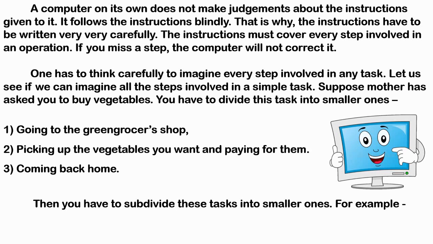It only works on the program which is given to it, the instructions which are given to it. That is why the instructions have to be written very carefully. So you understand why the instructions have to be given very carefully, because it will only follow your instructions, your program, and will not judge what you have written.